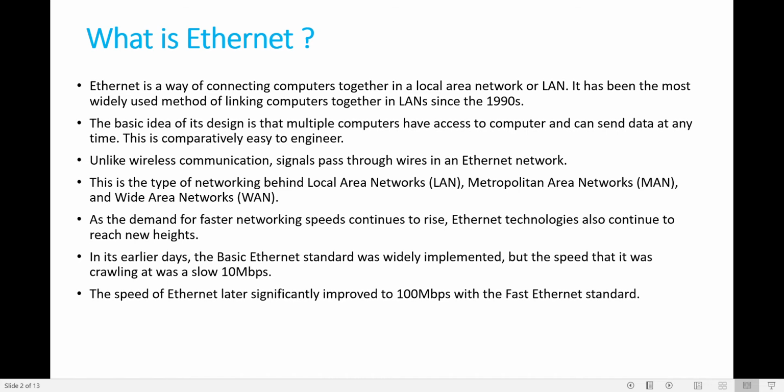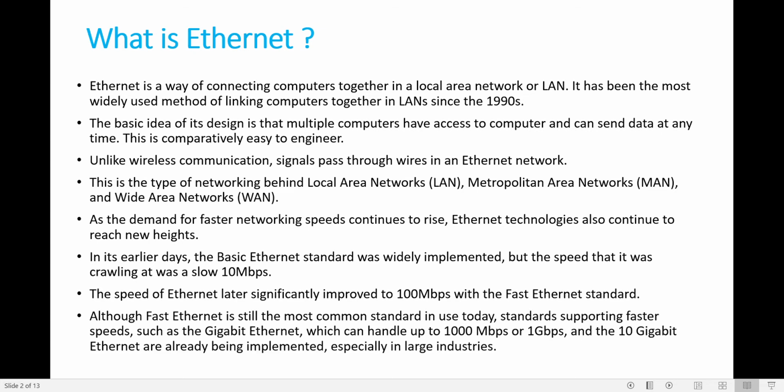The speed of Ethernet later significantly improved to around 100 Mbps with the Fast Ethernet standard. Although Fast Ethernet is still the most common standard in use today, standards supporting faster speeds such as Gigabit Ethernet, which can handle up to 1000 Mbps or 1 Gbps, and the 10 Gbps Ethernet are already being implemented, especially in large industries.